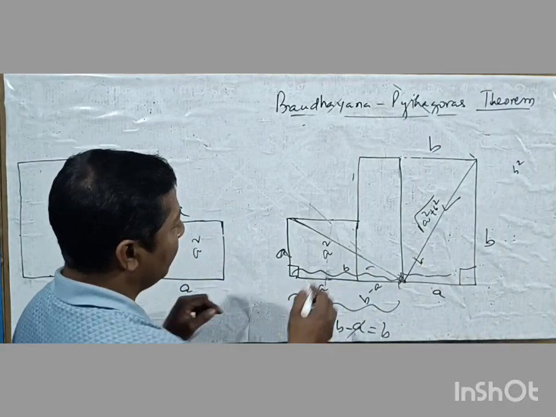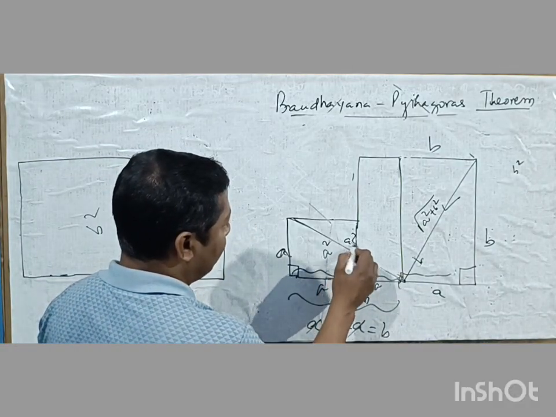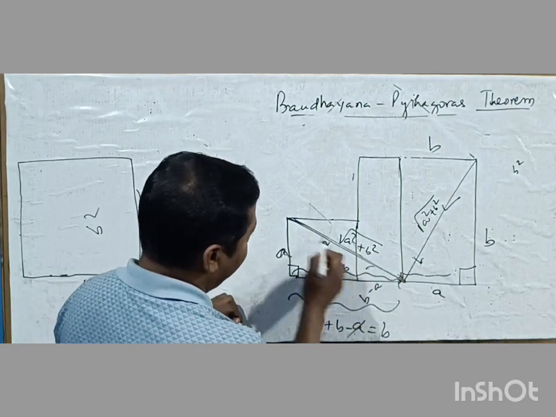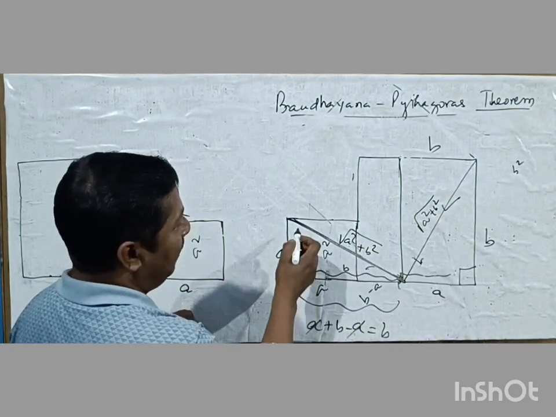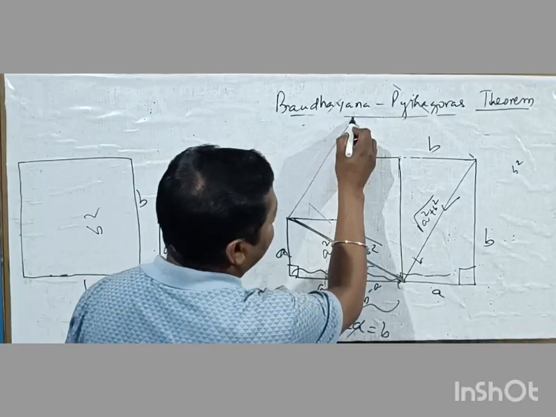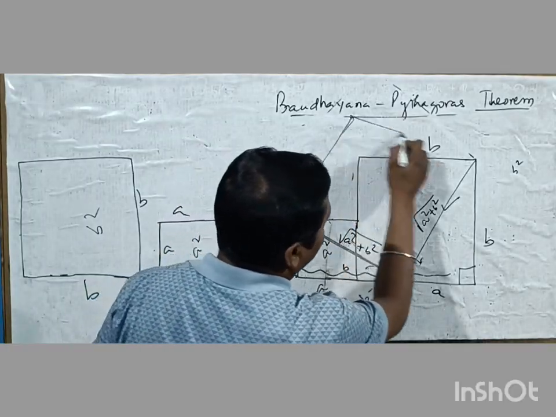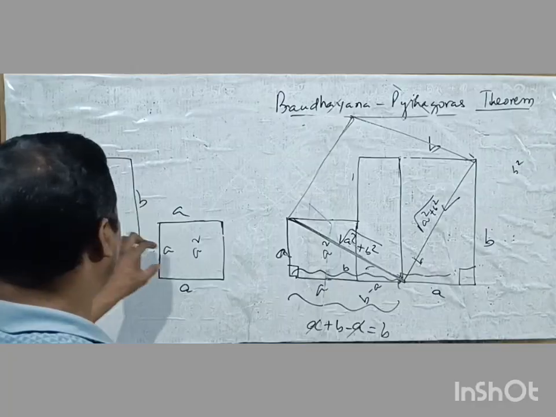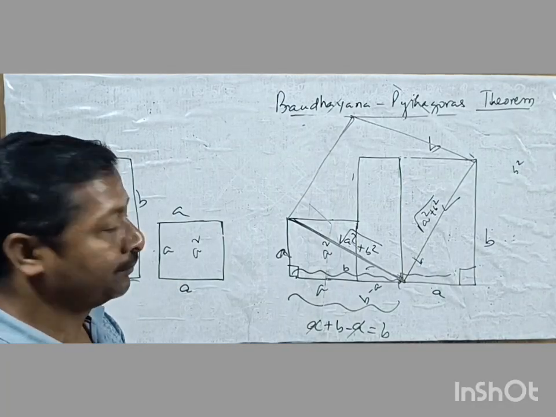This one also is the square root of A square plus B square. This one, this one. So if I take a square here, the area of this one is also equal to A square plus B square.